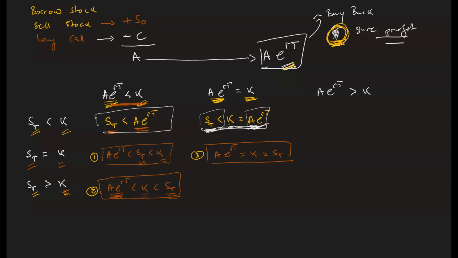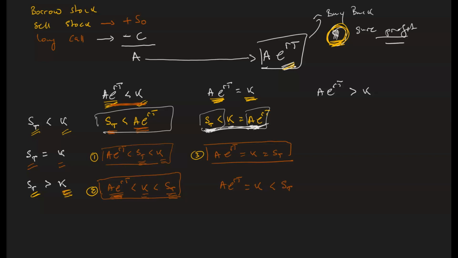Next, we're going to look at a scenario where the stock price is actually higher than the strike price. In that case, what do we have? We're going to have the future value of A equal to the strike price, but that is also going to be less than the stock price. What does that mean for us?